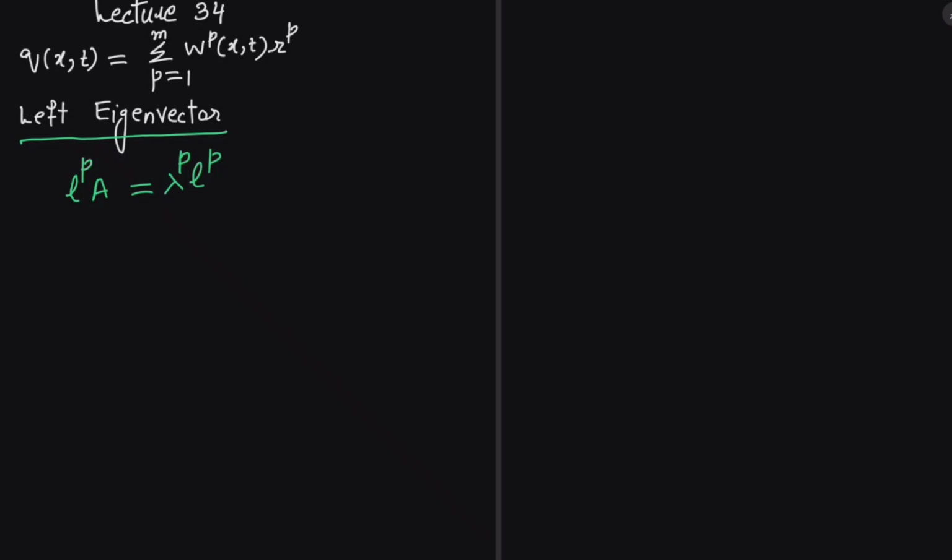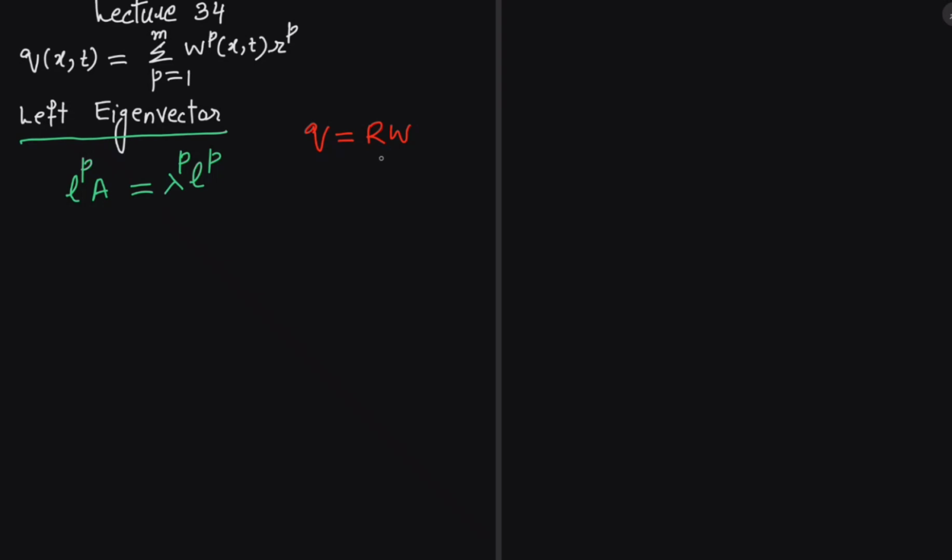W was previously written, for the right eigenvector, as Q = RW.